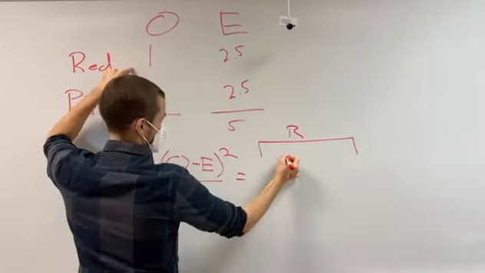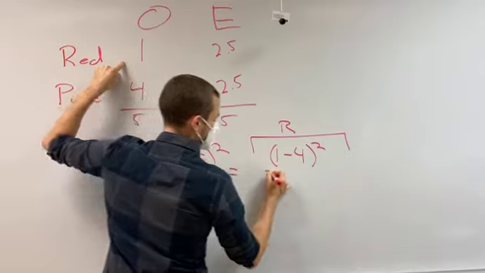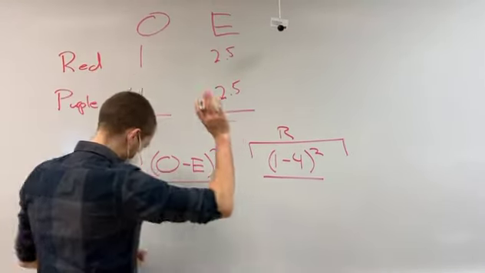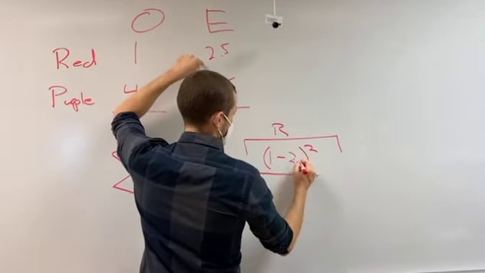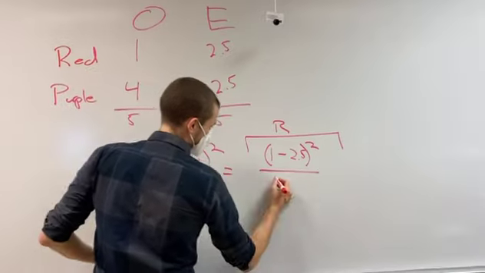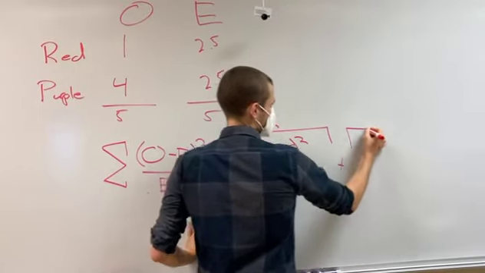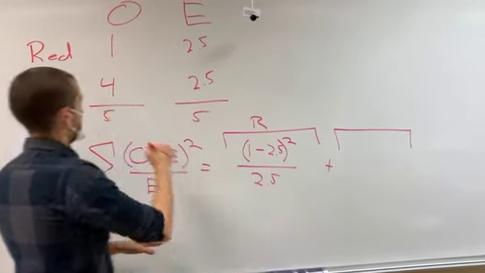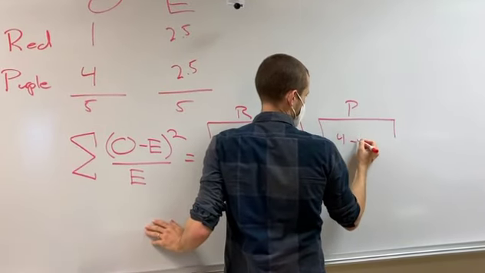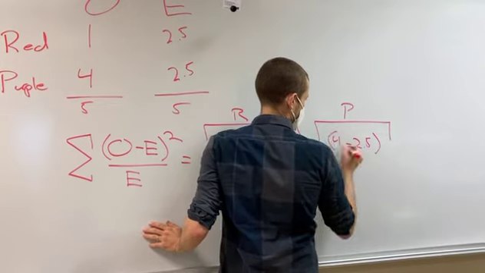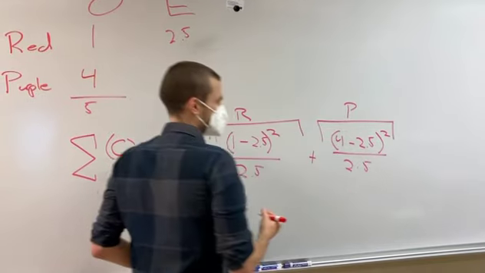We will have 1 observed minus 2.5 expected, squared, divided by 2.5 expected. You're going to add this to our purple: 4 observed minus 2.5 expected, squared, divided by 2.5 expected.